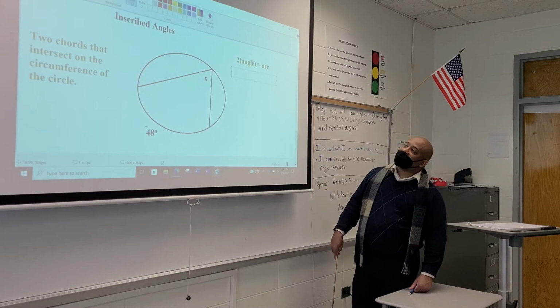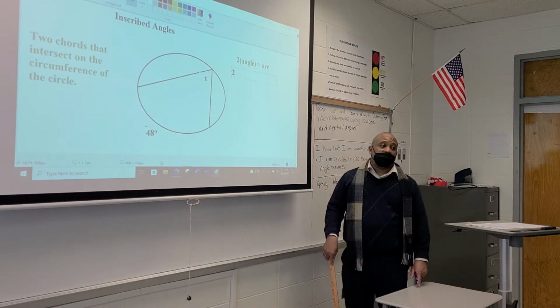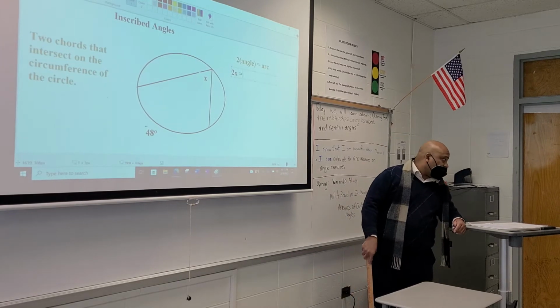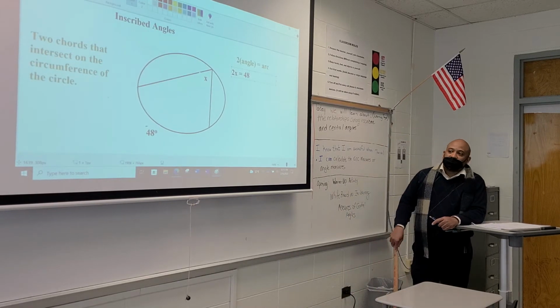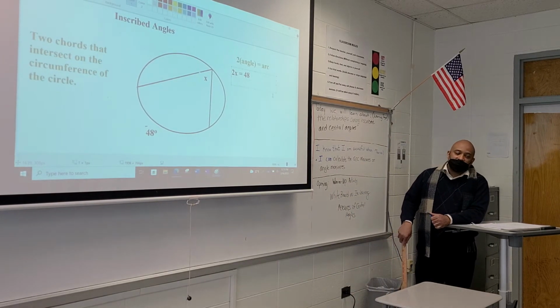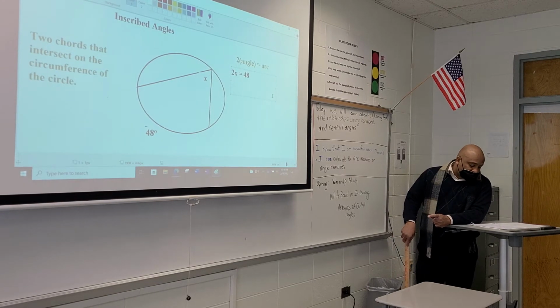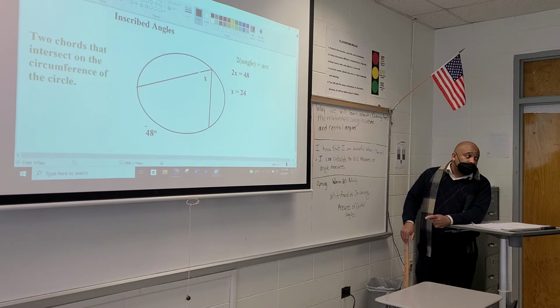So now if you understand this portion of what we just taught, you should be able to complete the exercise that's gonna be given to you in Delta Math. It's parts of a circle and inscribed angle. Does anybody remember the parts of the circle?